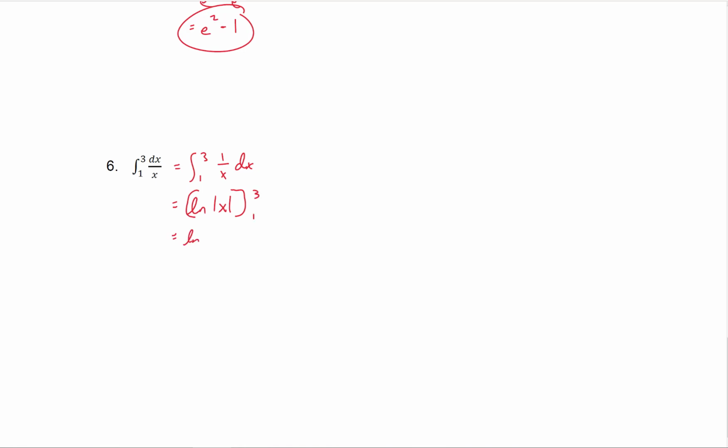So this is natural log absolute value of 3 minus natural log absolute value of 1. Natural log absolute value of 3 is just natural log of 3. Natural log absolute value of 1 is just natural log of 1. And remember, using your exponent properties, natural log of 1 is 0. So we have natural log of 3 minus 0, which is just natural log of 3 for our definite integral.